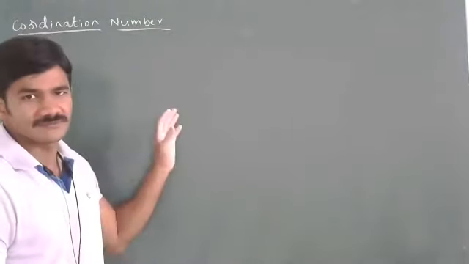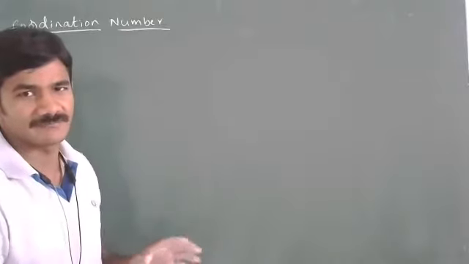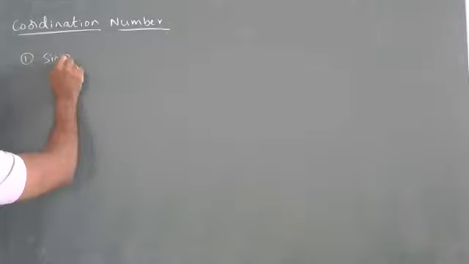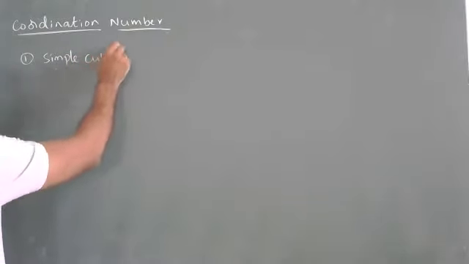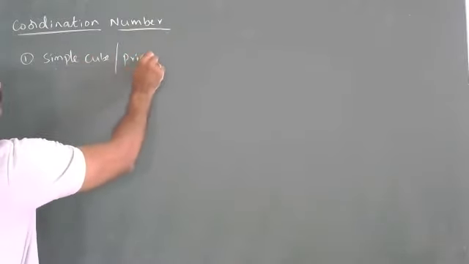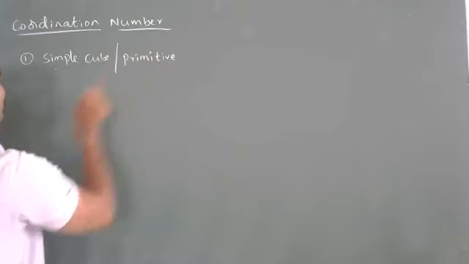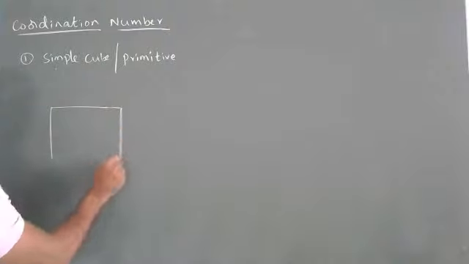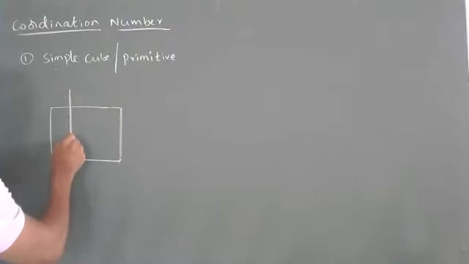I'll tell you how these numbers have come. Okay, you see. First one is simple cube, also said to be primitive.